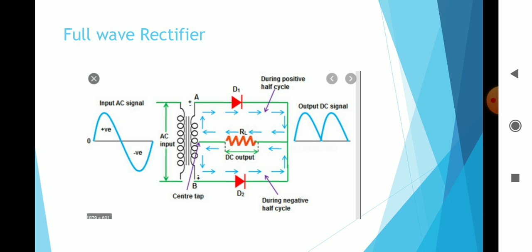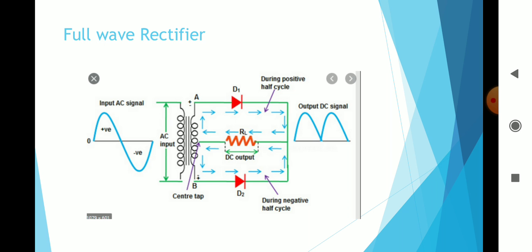In the positive half cycle, diode D1 conducts and we see an output across RL, and diode D2 during that time is in off state, or not conducting. Whereas during the negative half cycle, diode D2 conducts and again we see the waveform across RL, and this cycle keeps on continuing.